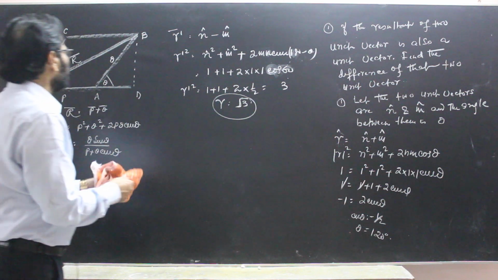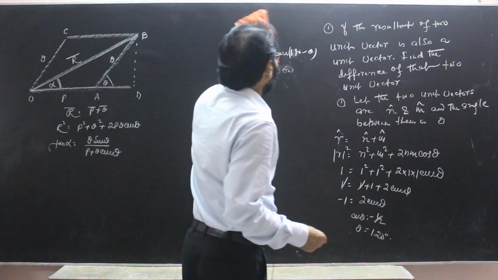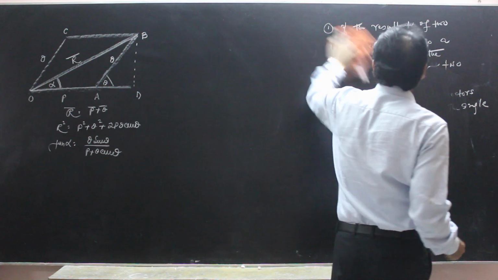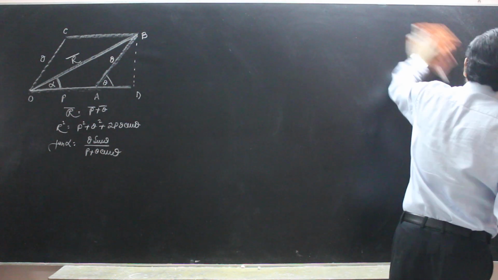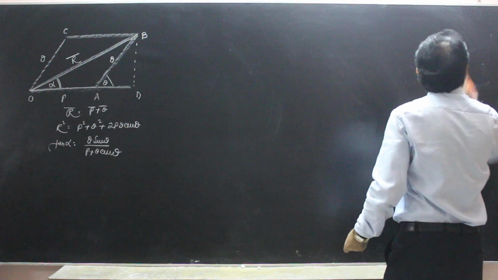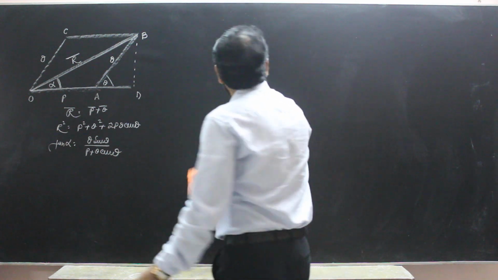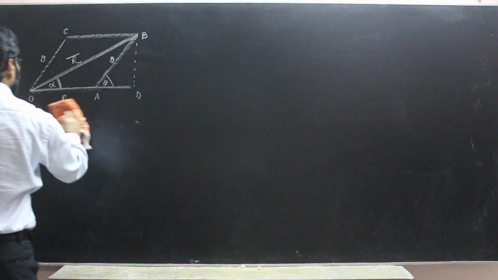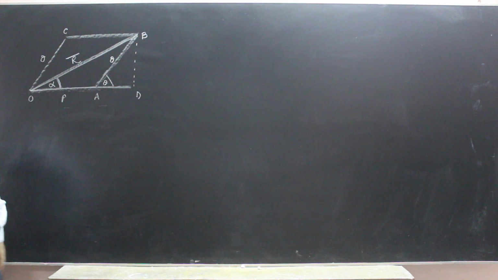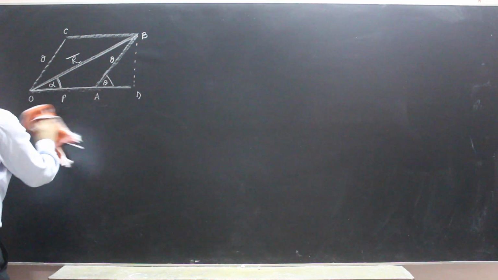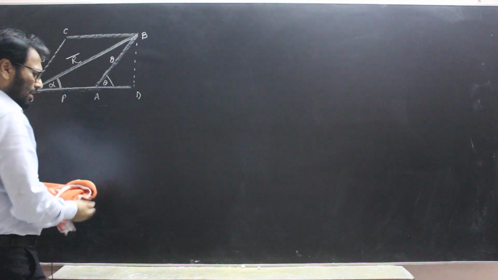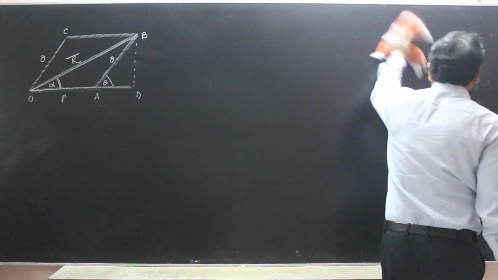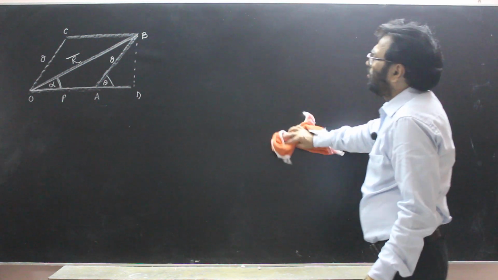For example, there are two vectors, one vector is of magnitude 20 unit and the other is q, and the resultant is 20 root 3, and the resultant makes an angle of 30 degree with one of the vectors of magnitude 20 unit.